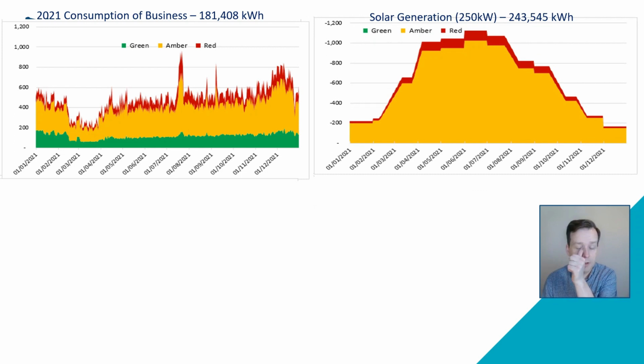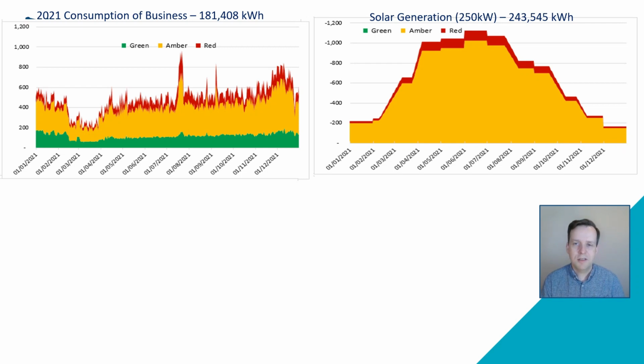So solar generation. So this golf club, we're considering a ground-mounted solar of potentially 250 kilowatt capacity or potential power, which broadly equals 243 kilowatt hours per year.